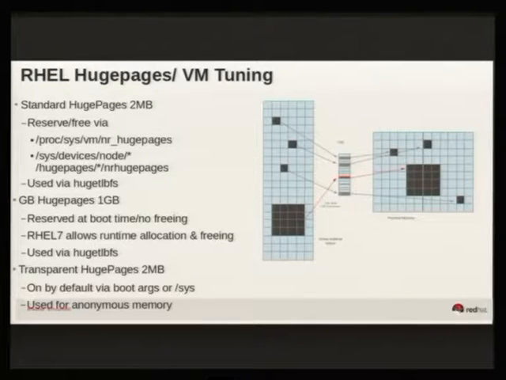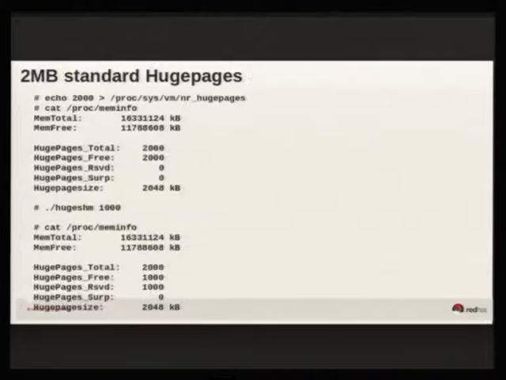But the downside is if you touch 1 byte in that 2 meg page, it instantiates a whole 2 megabytes versus 4 kilobytes, 512 times as much. So depending on the application that you're running, it might be desirable or not to have these on and off. And once again, they'll be turned on and off in these profiles.